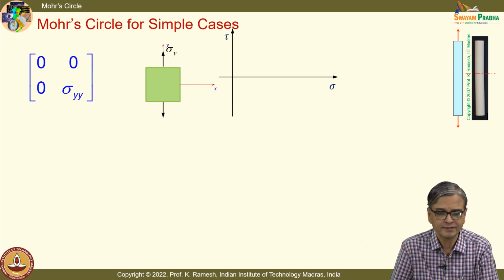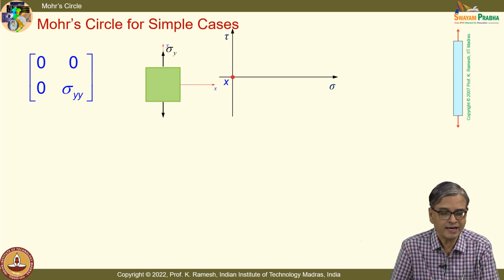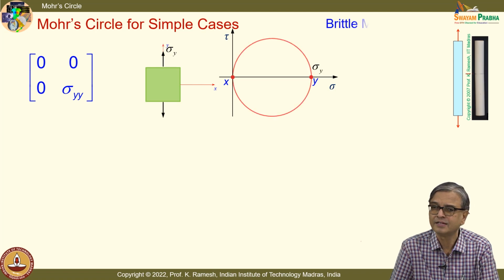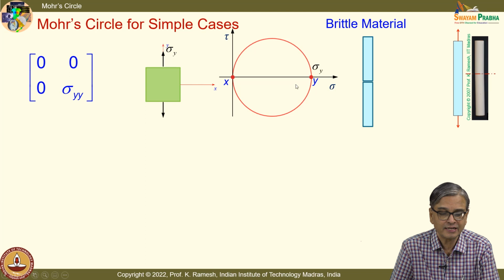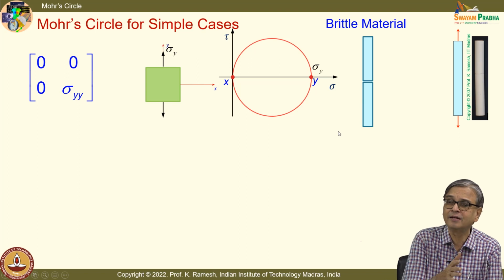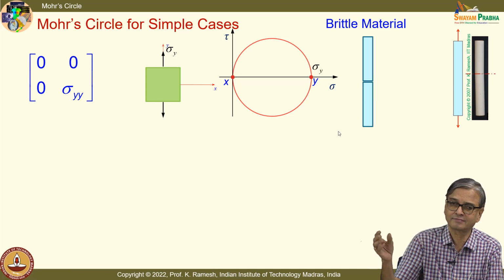Fine. And I have the Mohr circle like this. Mohr circle is nothing but the plane, and you have the y plane. So, the value of sigma y, if the sigma y is increasing, what will happen? Mohr circle also will be increasing.